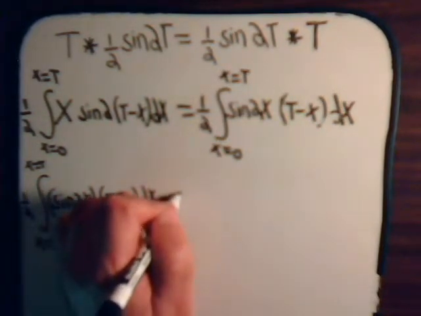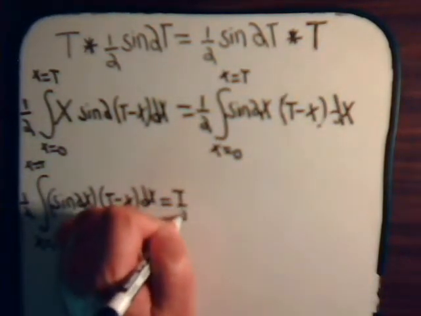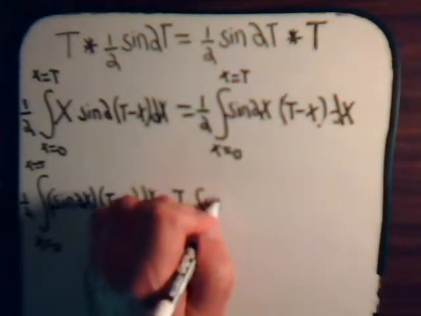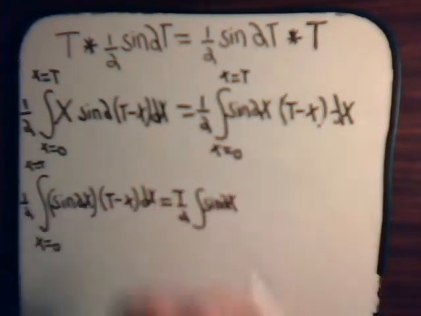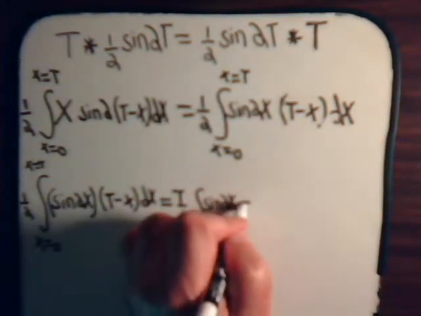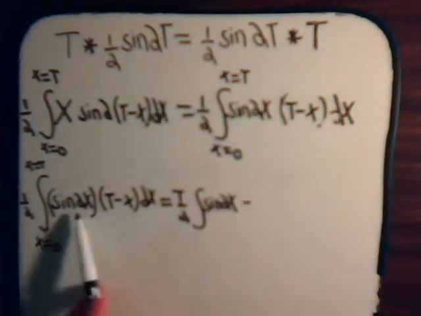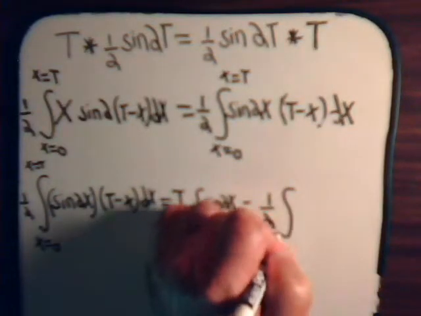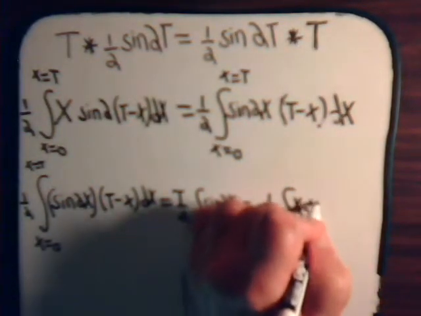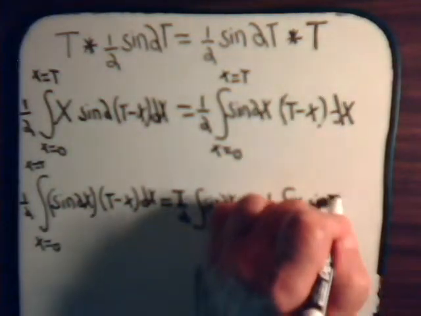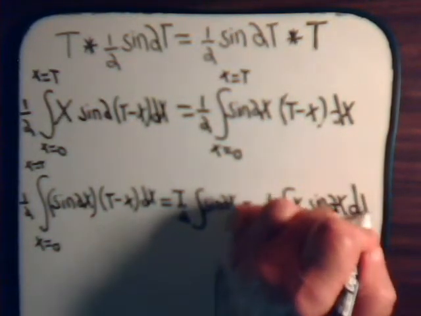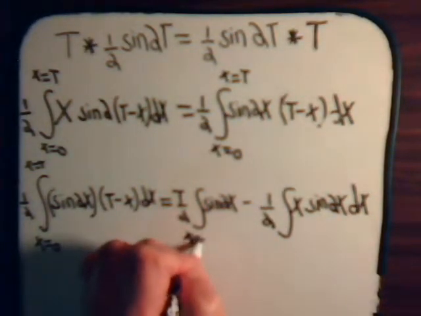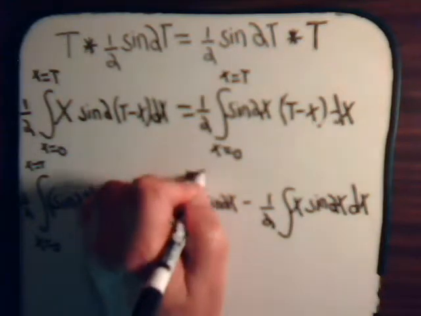So this will equal t over 2, the integral of the sine of 2x, minus 1/2 x times the sine of 2x. And again, x goes from 0 to t.